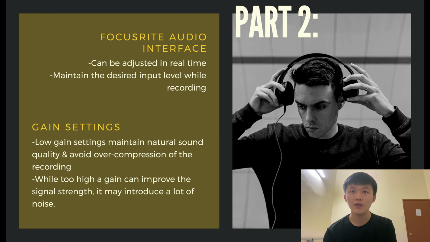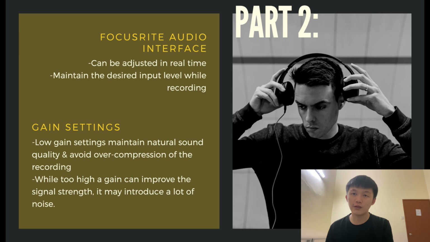For part 2, the second approach is to reduce noise through the gain control of the device. On a recording device or audio interface, if the gain is set too high, the device will pick up more background noise.